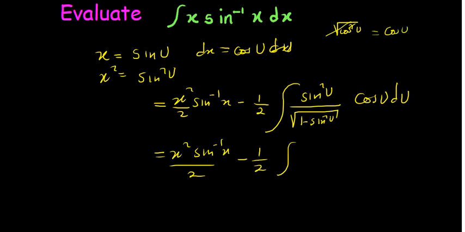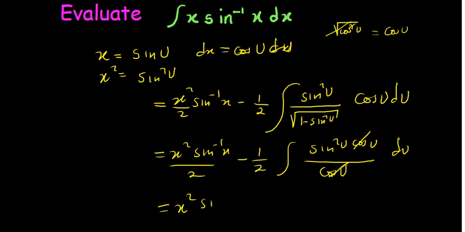So what we're going to have is sine squared u and then cos u divided by cos u and then du. So this and this will be able to cancel out. And so what we will remain with is x squared sine inverse of x divided by 2 minus 1 over 2 integral of sine squared u and then du.